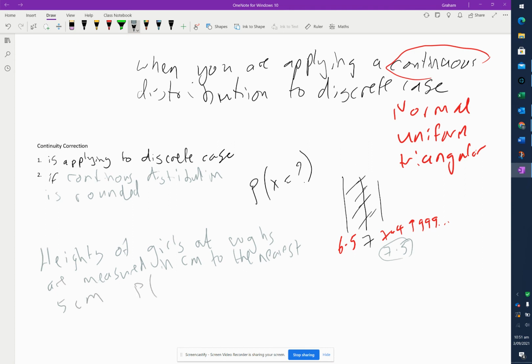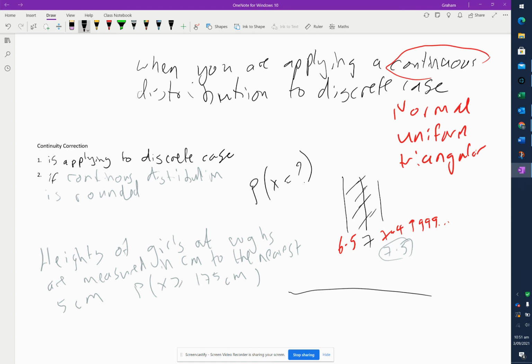What's the probability that a girl is taller than, or taller or equal to, 175 centimeters? Well, again, let's think about our number line.